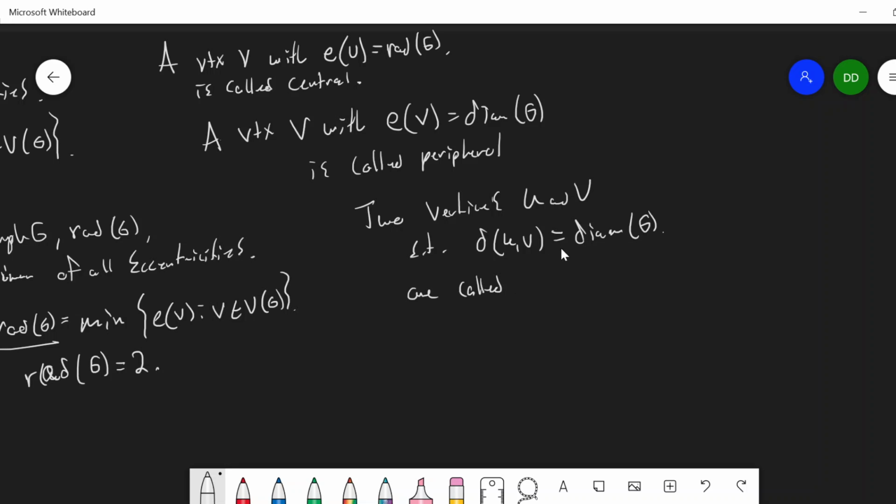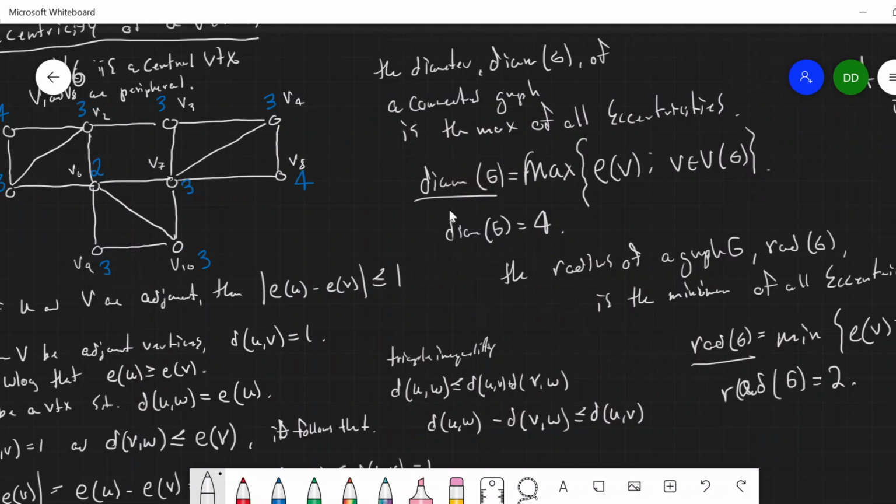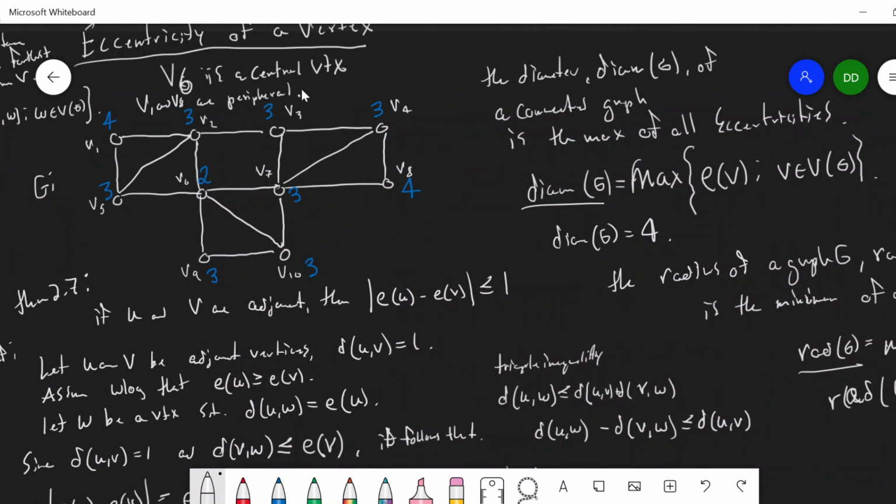They're on opposite sides of the graph. So V1 and V8 each are peripheral, but the pair V1, V8 is an antipodal pair of vertices.